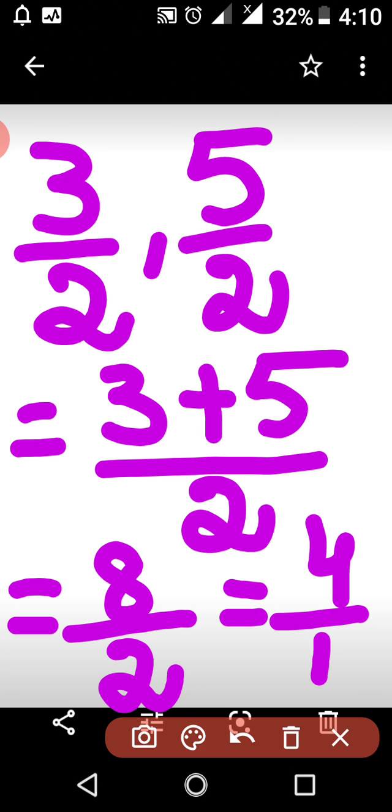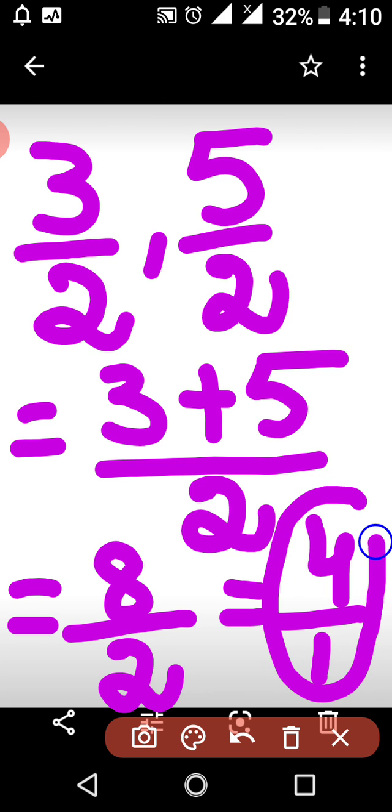That's why 8 by 2 we are going to write as 4 by 1. 4 by 1 is nothing but 4 only. So this is the simplest form. After finding the value, you have to check for the simplest form. If it is not in simplest form, reduce it into simplest form by dividing by the common factor.